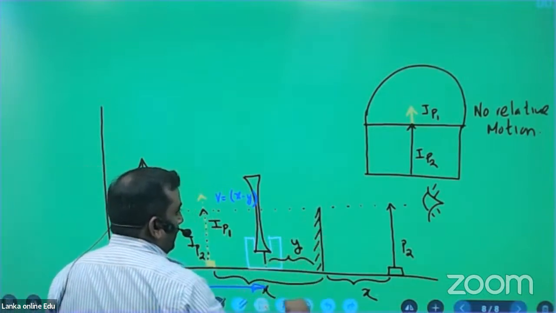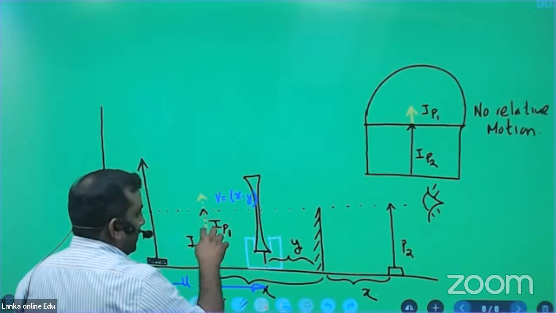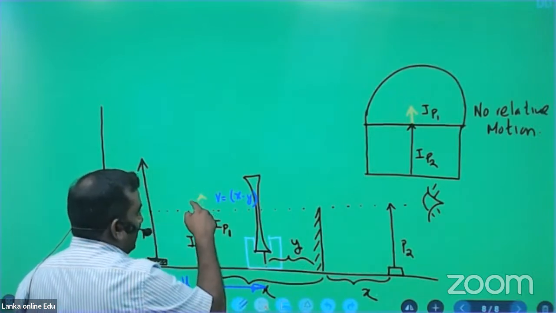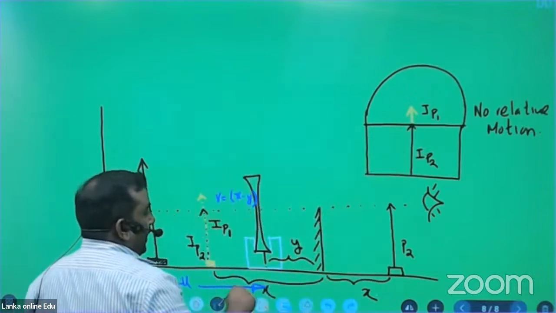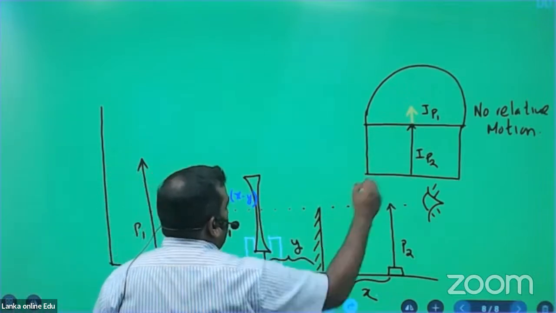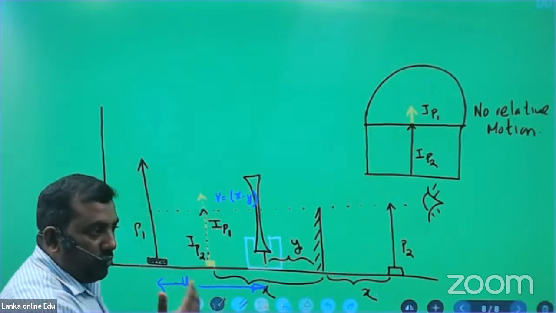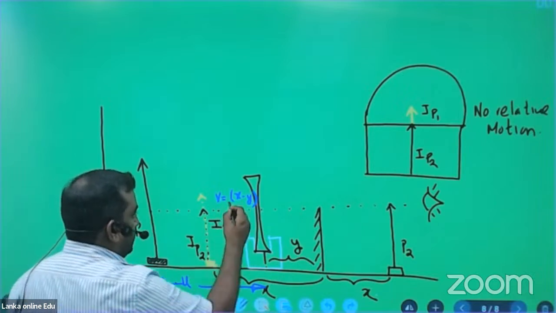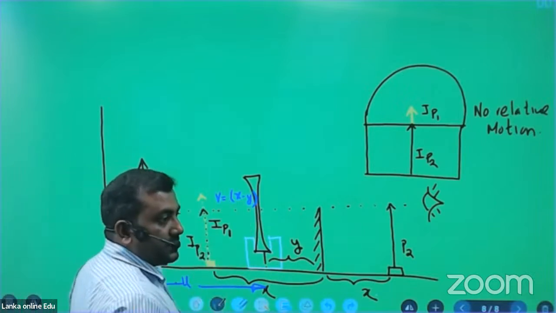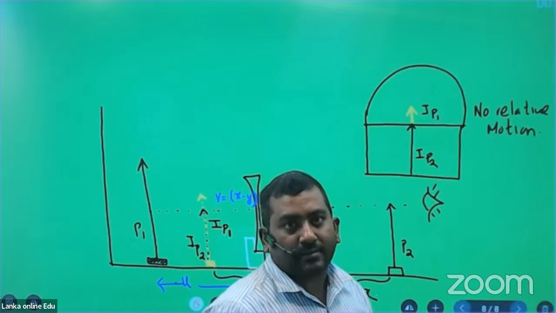Use a plane mirror. You can see the image of P1 above the mirror, and you can see the image of this in the mirror. Move your eye in the lateral direction, no relative motion. From this, you can find the object distance and the image distance.